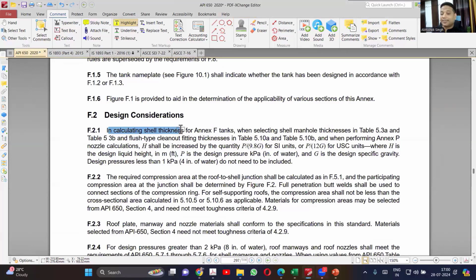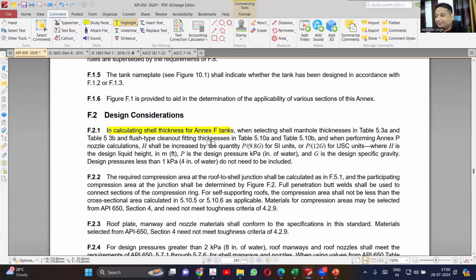In calculating shell thickness for Annexure F tanks, and also selecting manholes, everything, you'll be using the general design formula. What change will be there? Any change if there is a design internal pressure? If there is an internal design pressure, will there be any change in the formula which we have used? What additional thing you'll be doing?